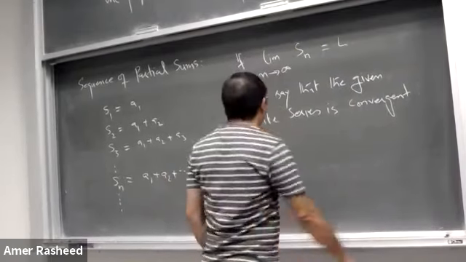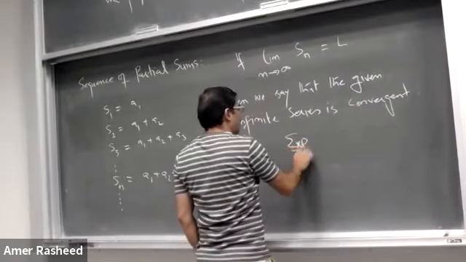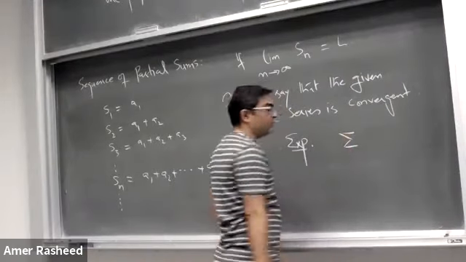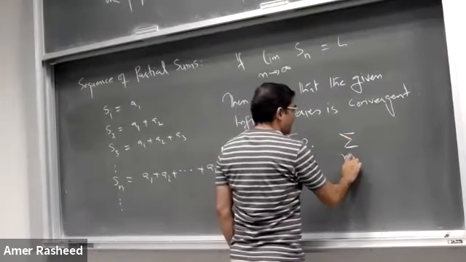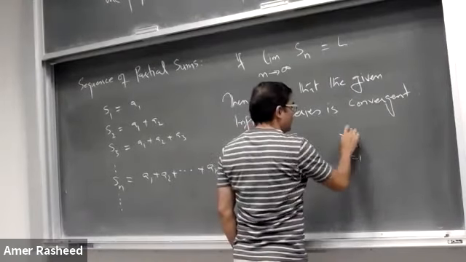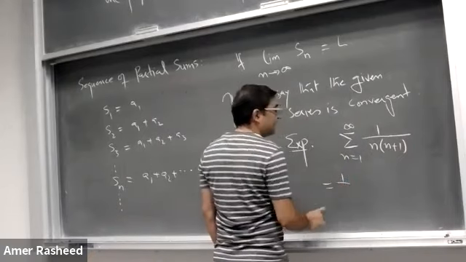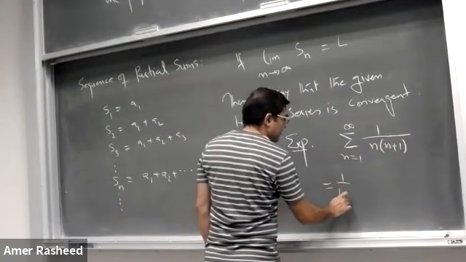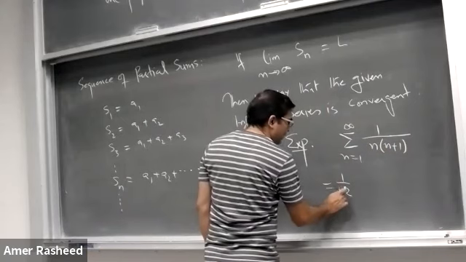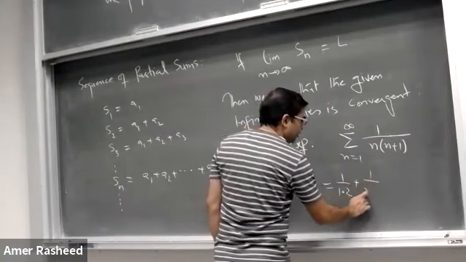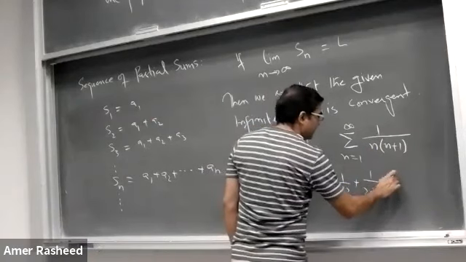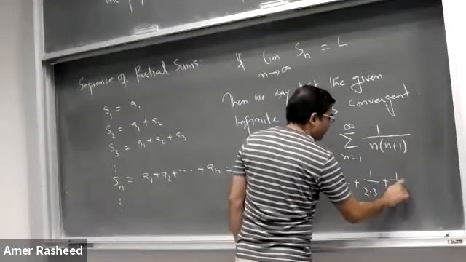There is an example of this here. For example, if we have a series of this form, the sum from n equals 1 to infinity of 1 over n times n plus 1. You just put in values of n, 1, 2, 3, and so on, and we get a series of this form: 1 dot 2, where the dot is multiplication, plus 1 over 2 dot 3, plus 1 over 3 dot 4, and so on.